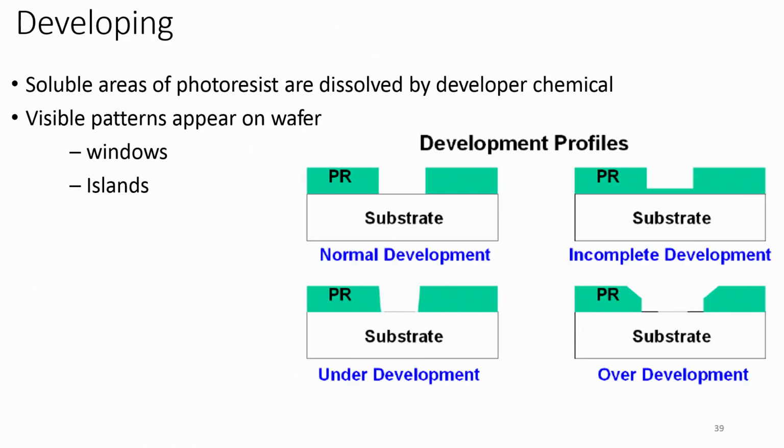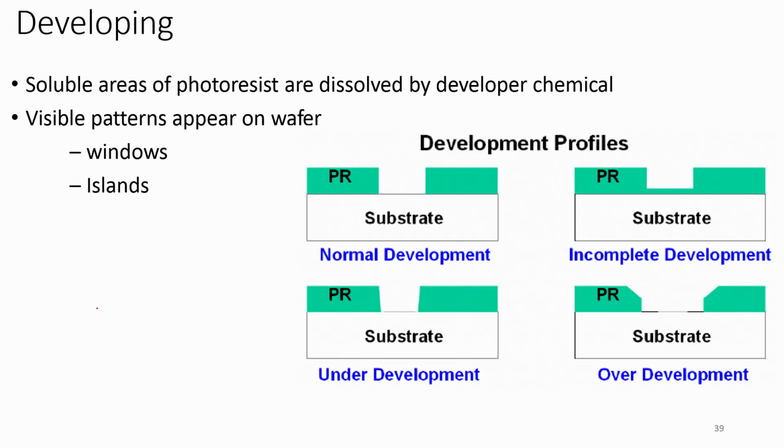So, after the photoresist is exposed to UV light, depending on the mask and type of photoresist, we will obtain different patterns.